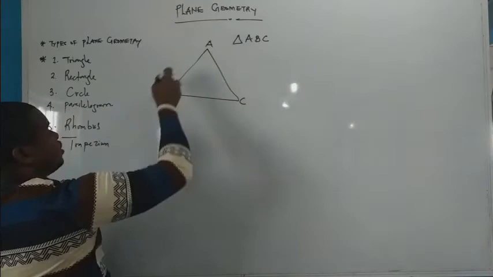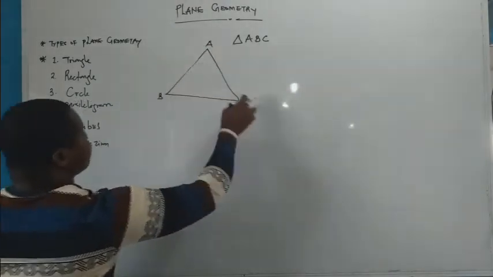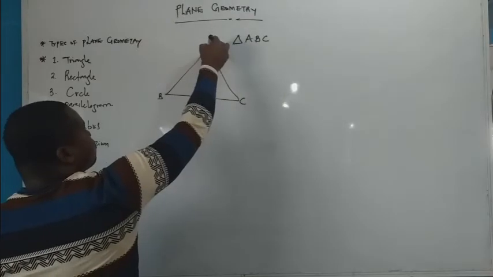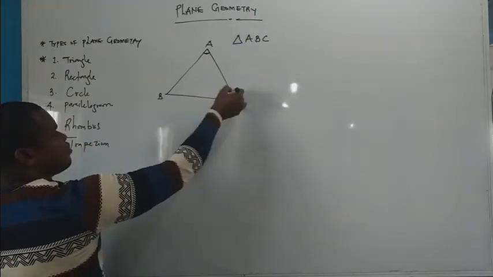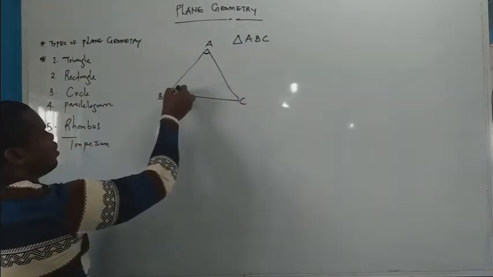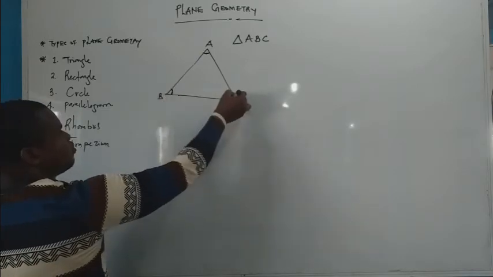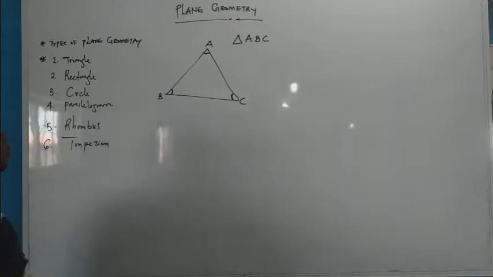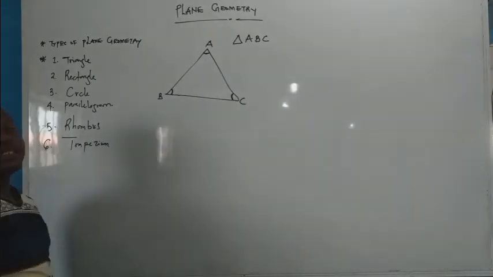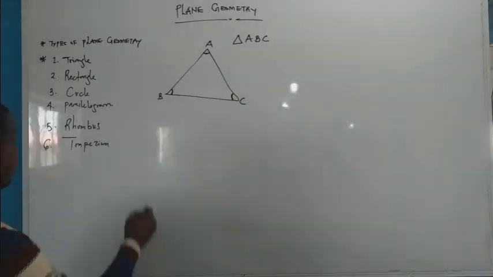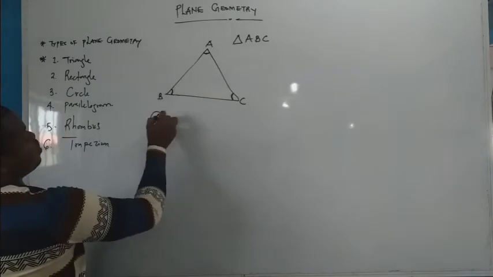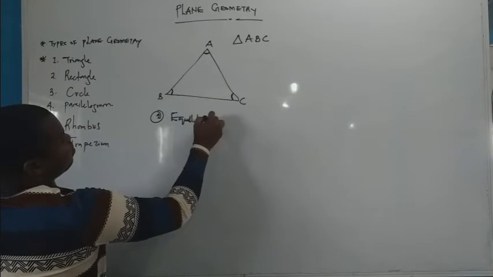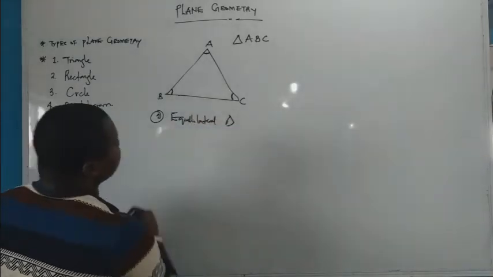These are the vertices of the triangle, the 3 ends. As you can see, we have the first angle, here we have the second angle, that's angle B, and here we have the third angle, that's angle C. So this is a triangle. What are the types of triangles we have? The first one is your equilateral triangle, which you're familiar with.